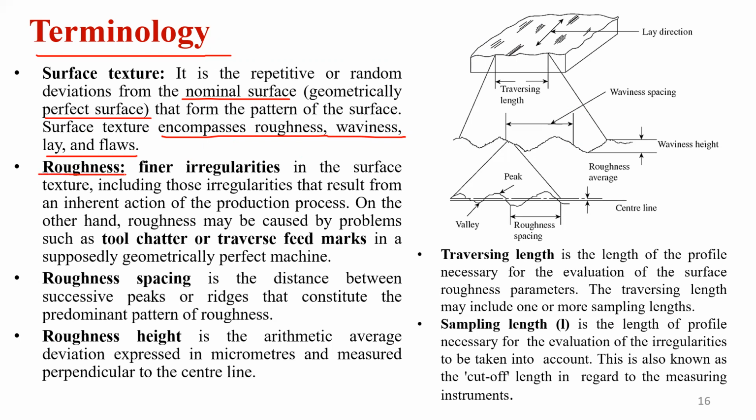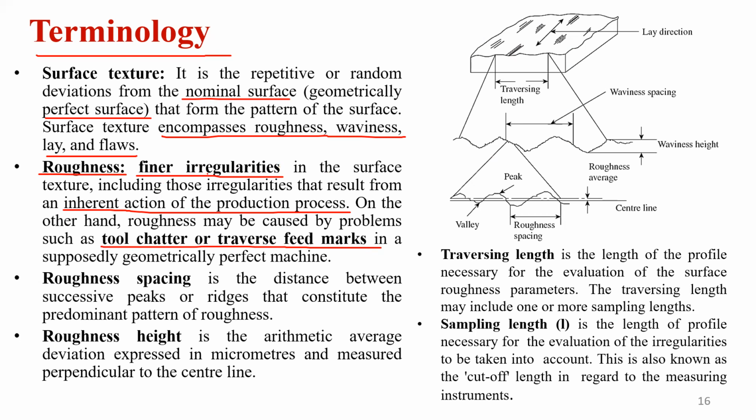And what is roughness? Roughness is due to finer irregularities, right? So surface roughness is the surface having finer irregularities. These finer irregularities result from the inherent action of the production process, like tool chatter or transverse feed marks that produce the finer irregularities.